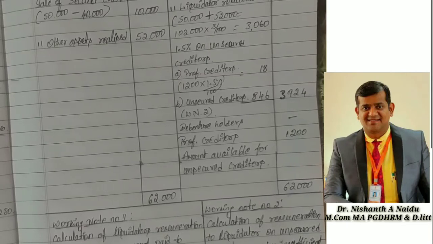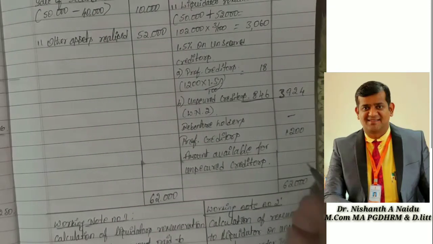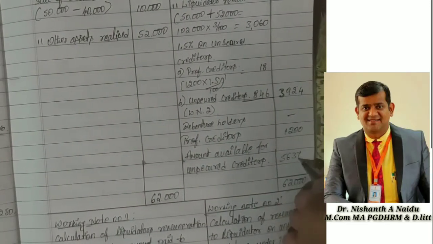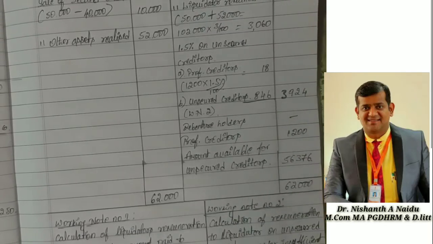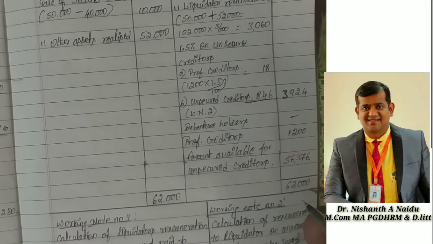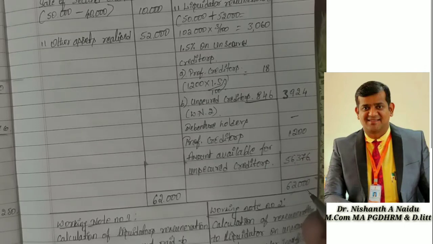So how much is left out? 56,376 rupees. This amount is available to be distributed among unsecured creditors. This is the amount which is available to distribute among the unsecured creditors.